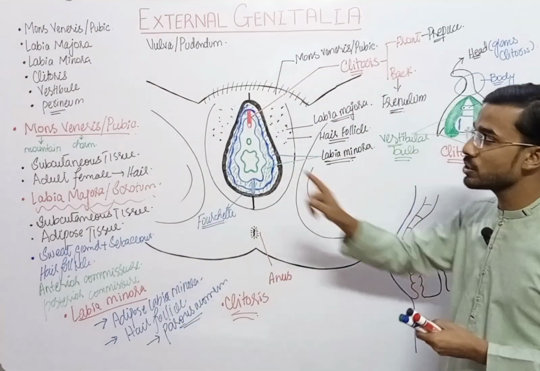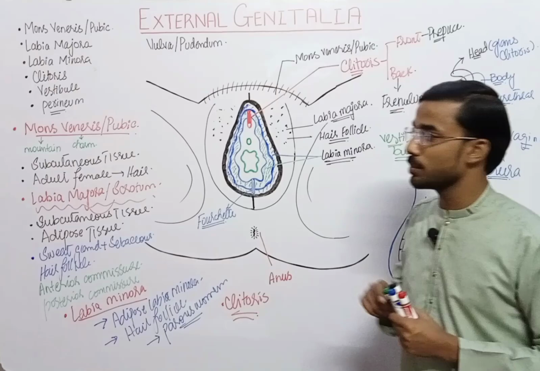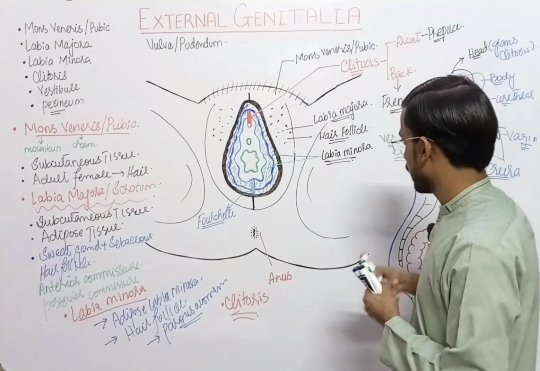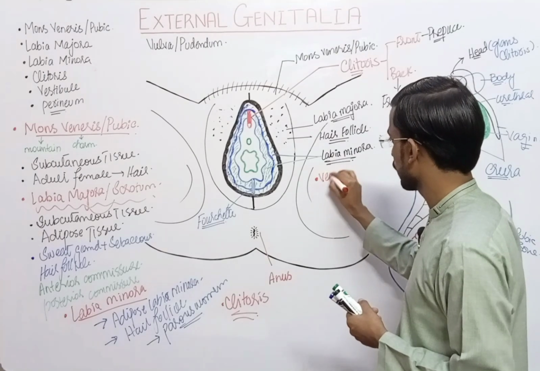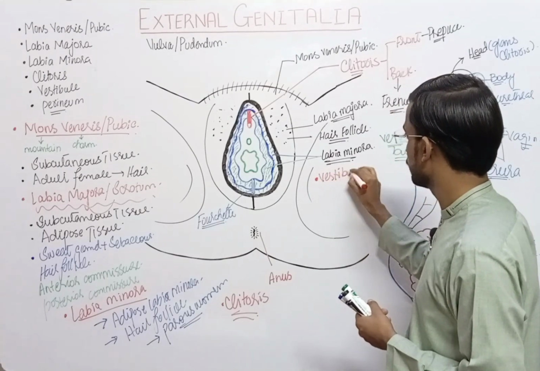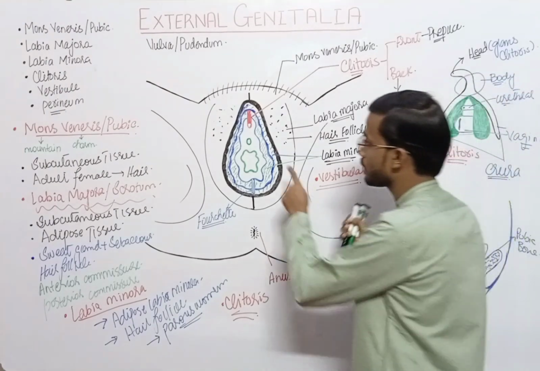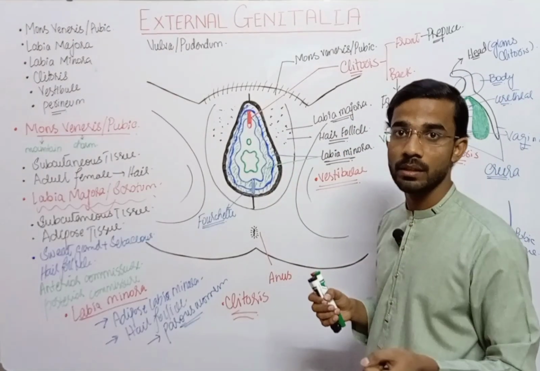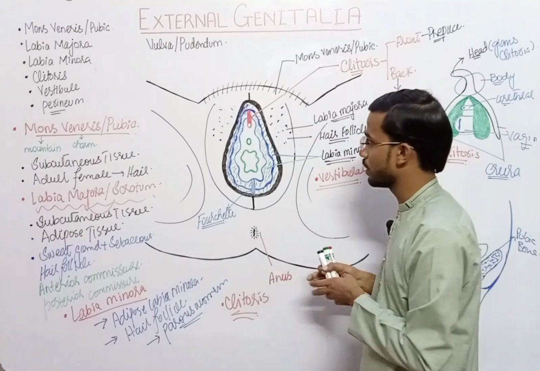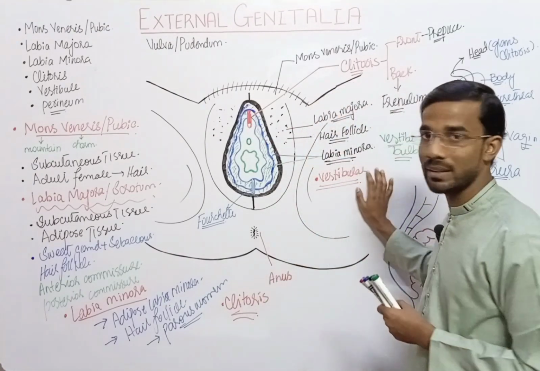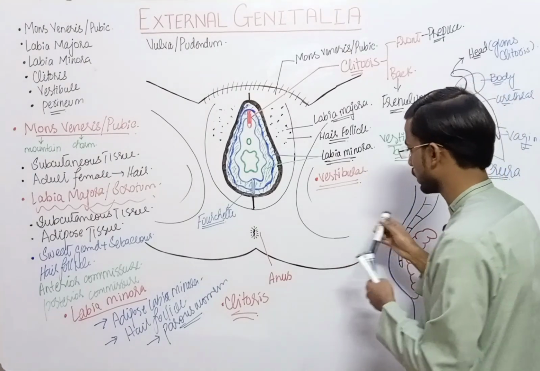Now we will discuss the vestibular area. This is the area present inside the labia minora. Inside the labia minora you will see the vestibular region, which is a triangular region.